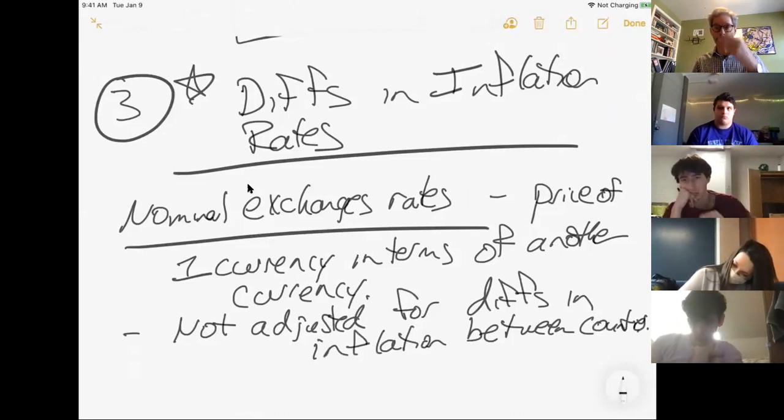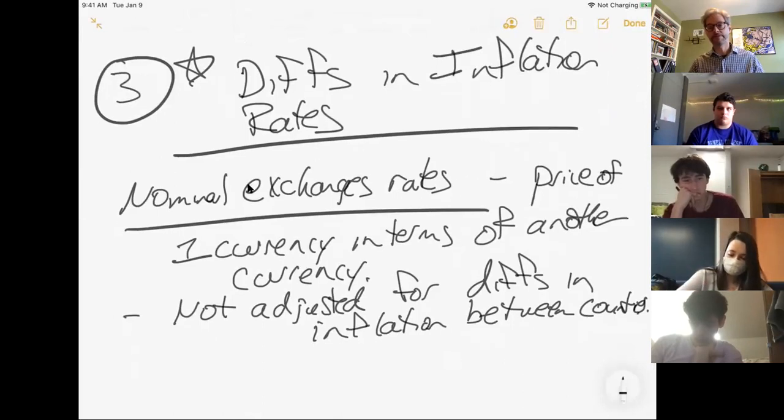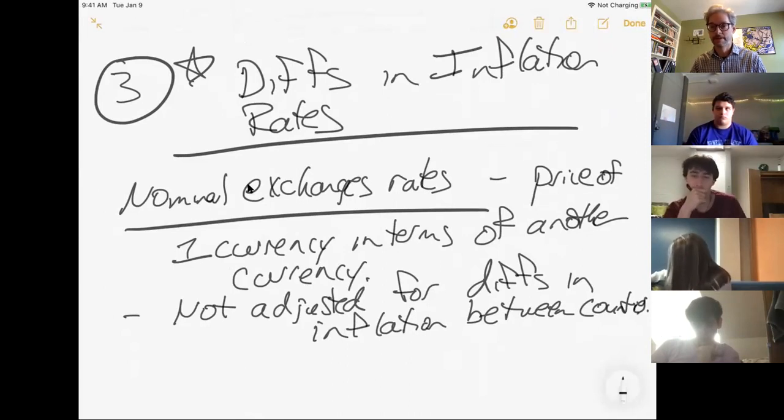If we're going to have a true picture of how much goods cost between countries, we need some adjustment for differences in the price level. You just can't go to Europe and say, oh, that's 100 euros, and it's $90 in the US, 100 is greater than 90, so I better buy it in the US. That doesn't make any sense. You have to adjust for differences in the price level.